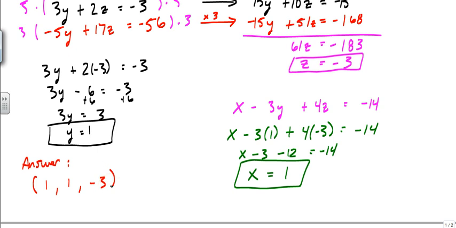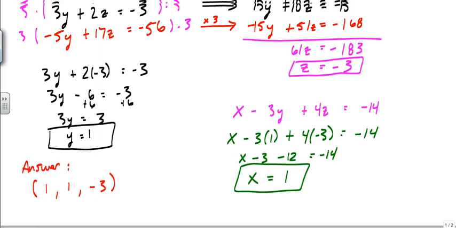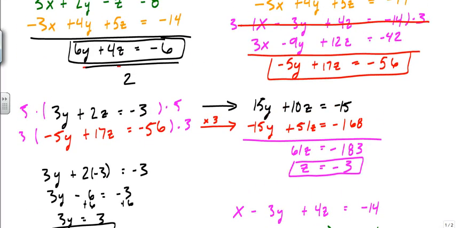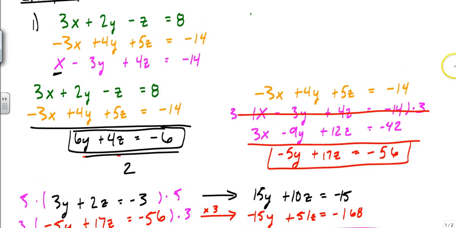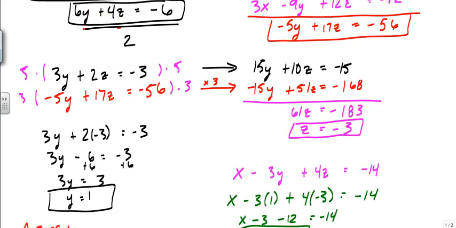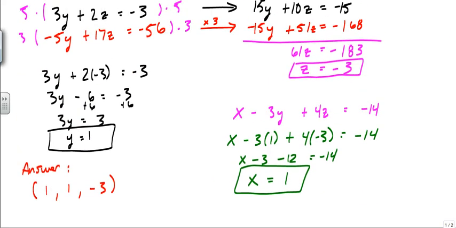That means if I take the values x equal 1, y equal 1, and z equal negative 3, and I plug it in to any of these 3 equations up here, they will all work. They will all come out to equal something, like 8 equal to 8, negative 14 equal to negative 14. Each one of them will work. So that ordered triple satisfies all 3 of those equations.